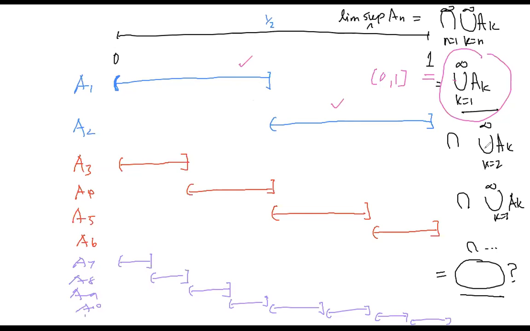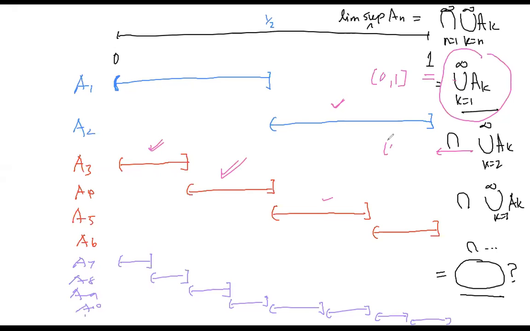And how about if you start from 2? If you start from 2, you don't have this one. So you have 2, 3, 4. The rest doesn't matter anymore, because with 2, 3, and 4 you already form 0, 1.